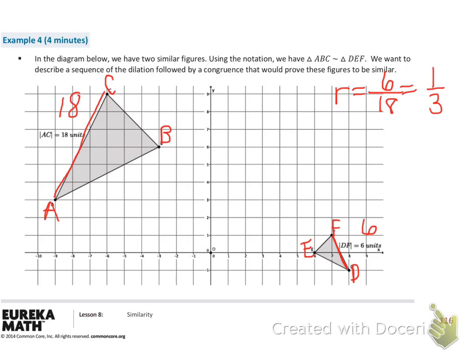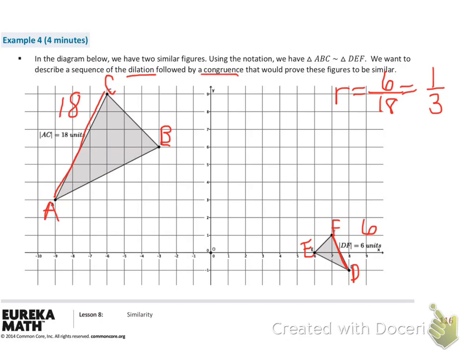So my first thing I'm going to do, since I'm told to describe a sequence of a dilation followed by a congruence, is dilate this triangle ABC with a scale factor of 1/3 from the origin. I can see this is point B, right here at coordinates (-3, 6).